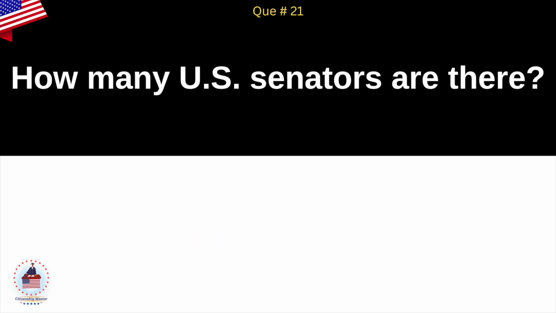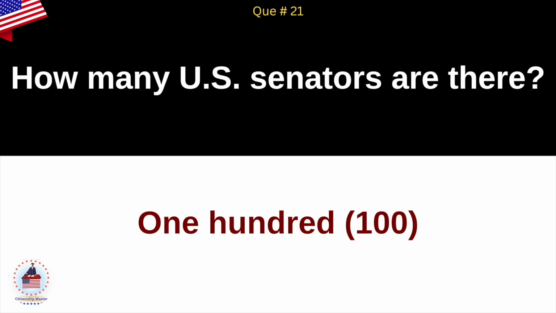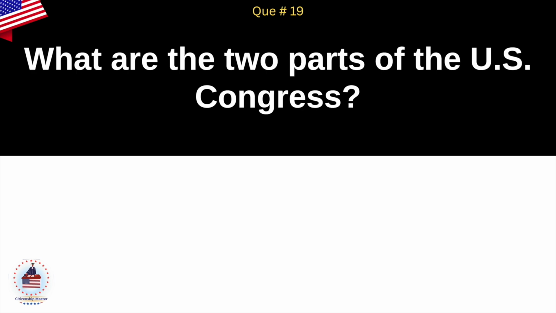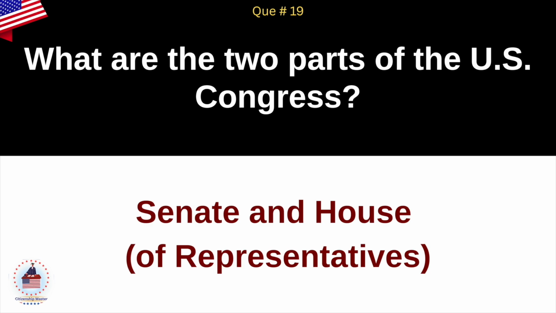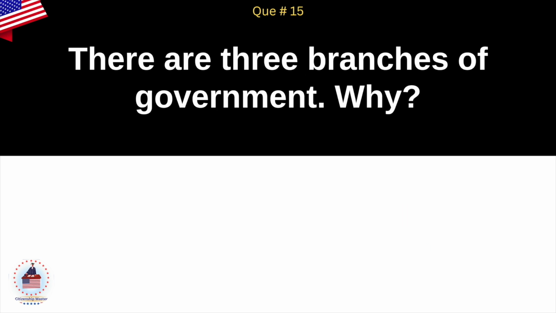How many U.S. senators are there? One hundred. What are the two parts of the U.S. Congress? Senate and House of Representatives. There are three branches of government.